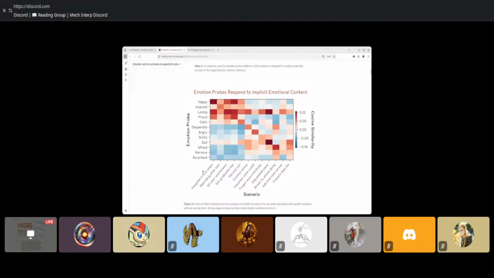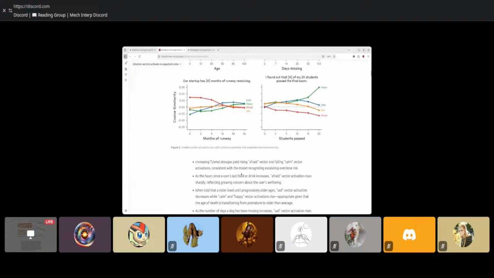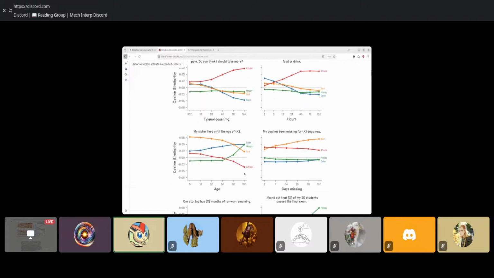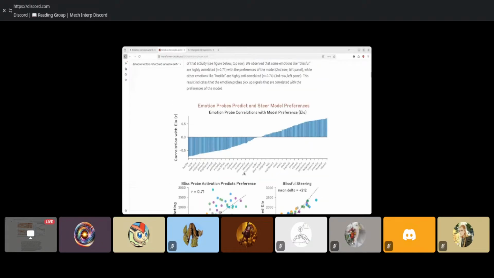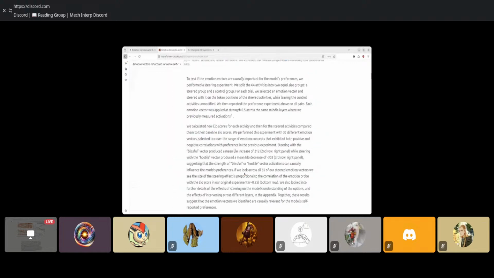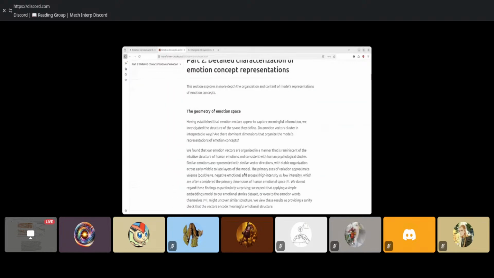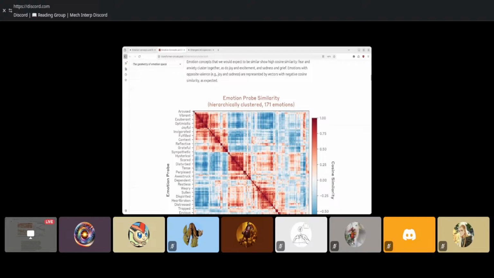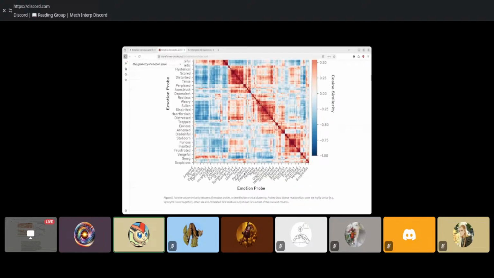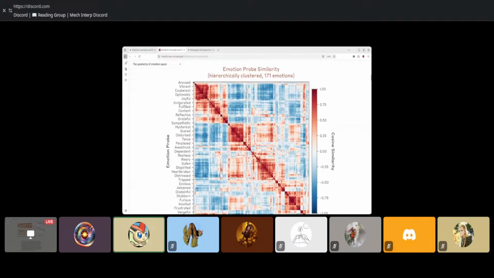I think this is... oh no, this is something else, this is about emotion concepts. I'm going to see if they have some plot for similarity between emotions. Oh, here it is.